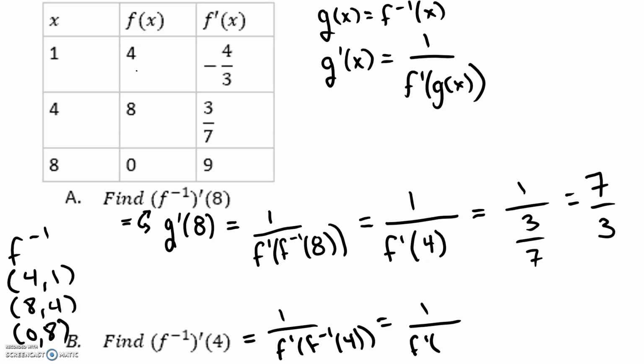The inverse of 4, looking at our points over here, is 1. F prime at 1 is negative 4/3, so I've got 1 divided by negative 4/3, which is negative 3/4.